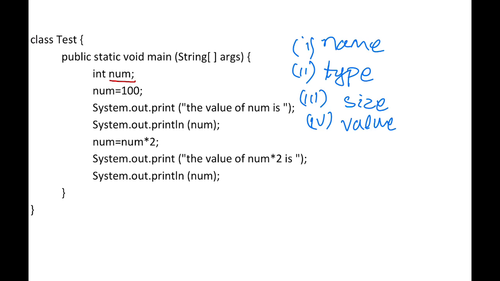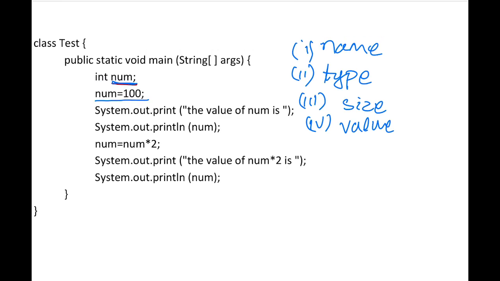Now in this program, num refers to the name of the variable. So when we execute this statement in this program, num equal to 100, the number 100 is placed into the memory location corresponding to the name num, like we have discussed previously.